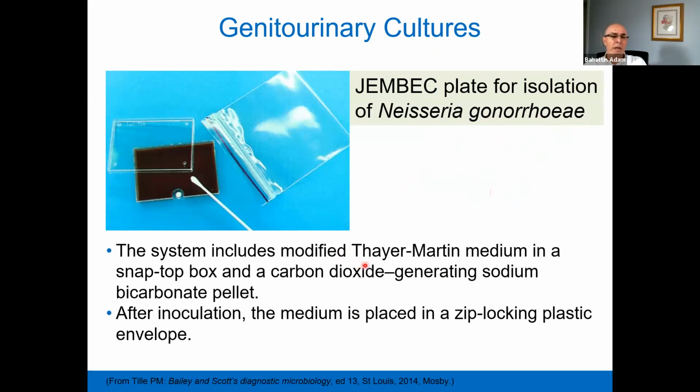This system includes modified Thayer-Martin medium in a polythene bag and a carbon dioxide generating sodium bicarbonate pellet, which is in black color here. After inoculation, the medium is placed into a zip-locking plastic envelope and sent to the laboratory.